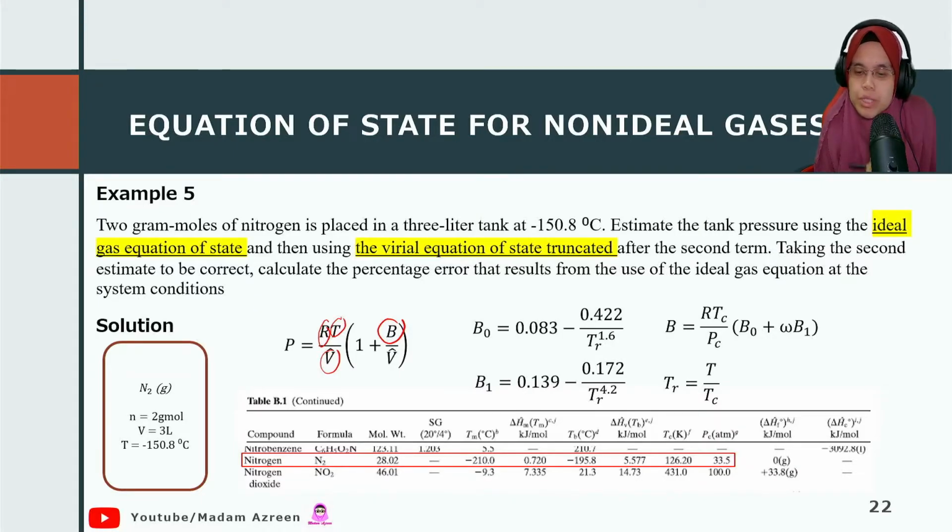This table B1 is really important for you to find the critical temperature and critical pressure. For non-ideal gas equation of state in this topic, you will look at tables B1 and B2 a lot. So when we have nitrogen here, we go to table B1 and find the critical temperature and critical pressure, which is this one and this one.